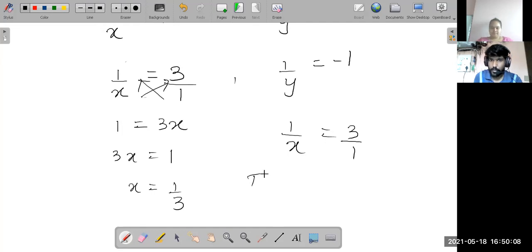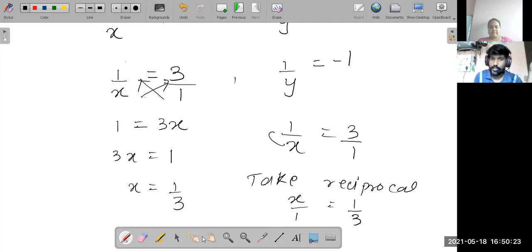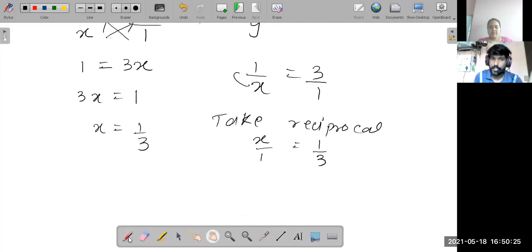When you take the reciprocal on both sides, 1 upon x becomes x upon 1, and 3 upon 1 becomes 1 upon 3. And x upon 1 will become x only. Any number divided by 1 is that same number. So x is equal to 1 upon 3. Yes, this is easier.